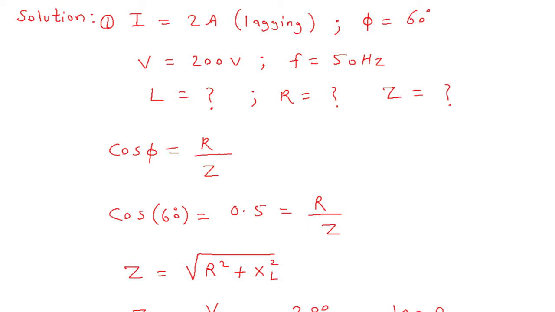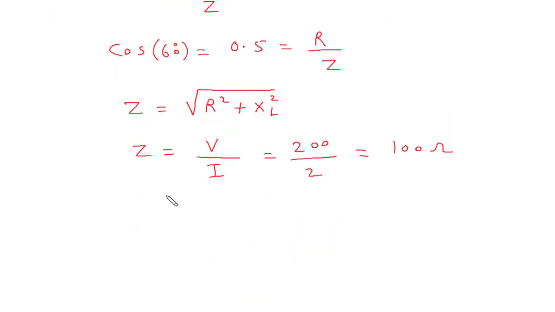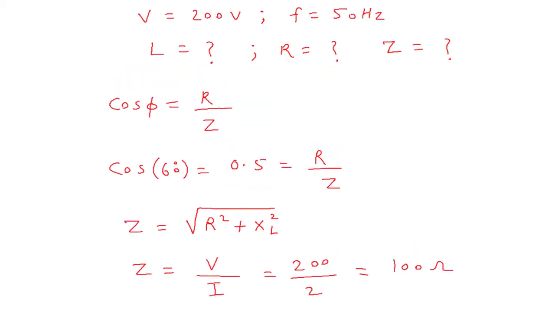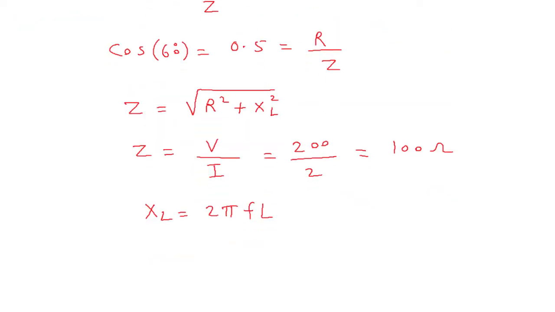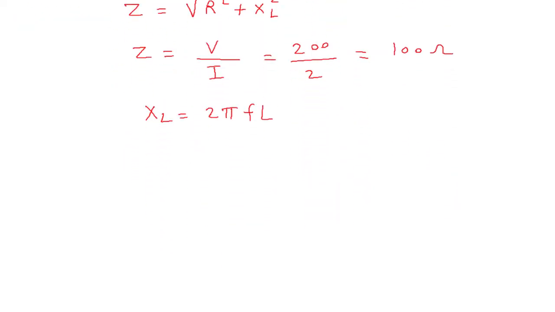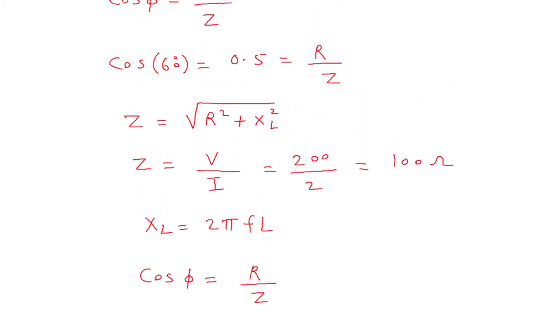Next, frequency is also given. So XL is equal to 2 pi FL, but we don't know the value of this L. So first we will find R. We have one more formula: cos phi is equal to R by Z. Now we have the value of cos phi, that is 0.5.